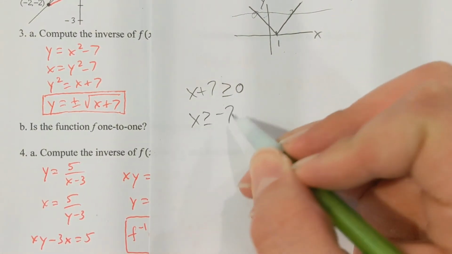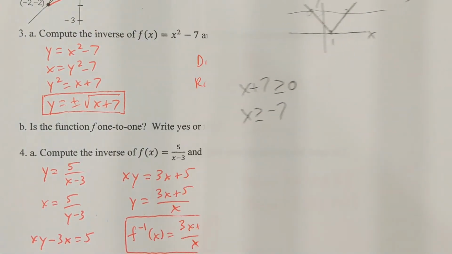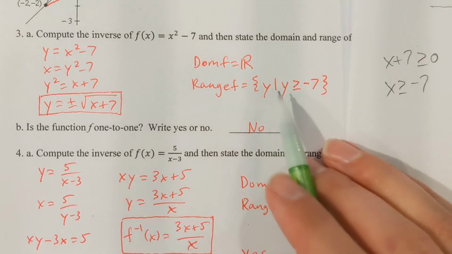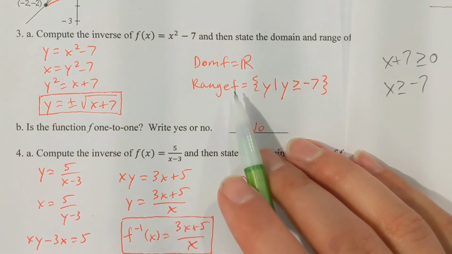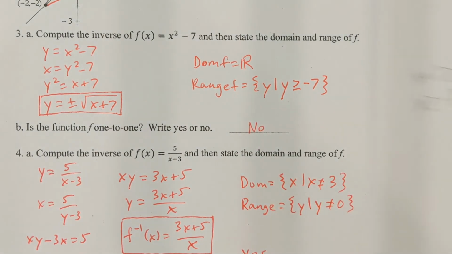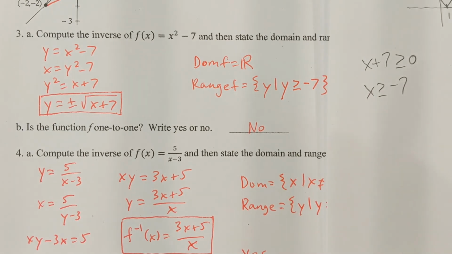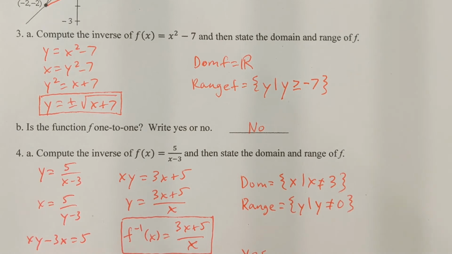Solve that for x, and it looks like anything greater than or equal to negative 7 would be okay to use. Now, the only change on that is that you want to be using y, since you're talking about the range of f. But then notice how that's the same group of numbers there. Okay, the range of a function and the domain of the inverse will always be the same set of numbers.